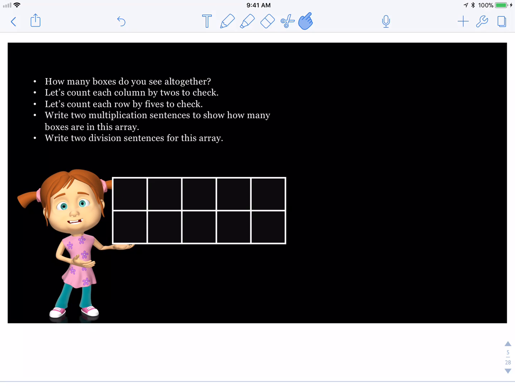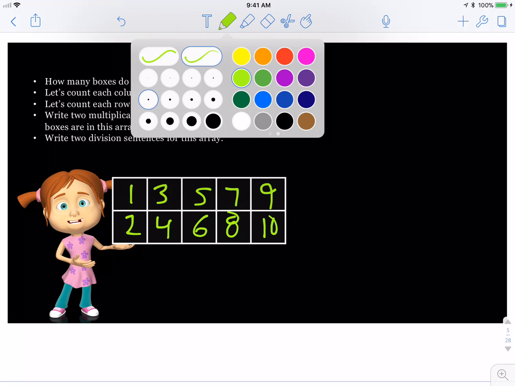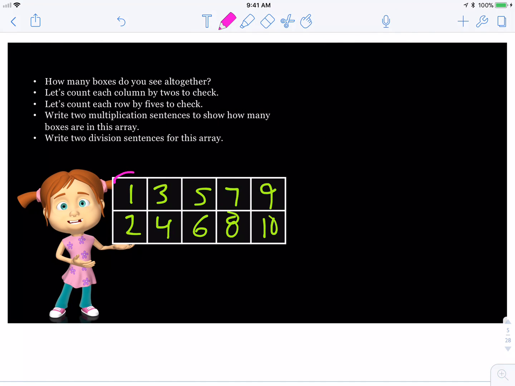Okay, how many boxes do you see all together? So go ahead and count them. How many do you see? Let's count each column by twos to check. So we're going to count by twos. 2, 4, 6, 8, 10.